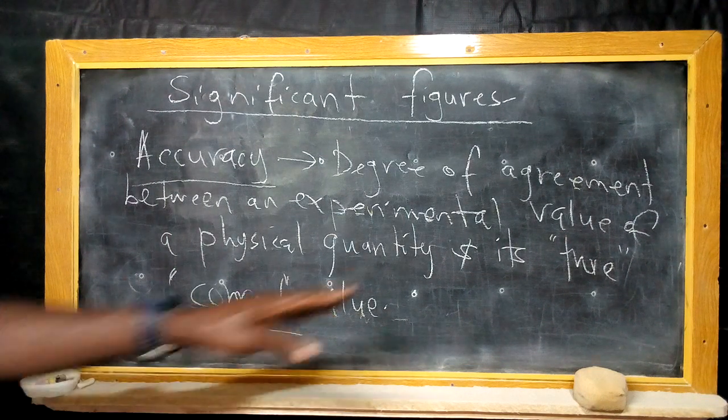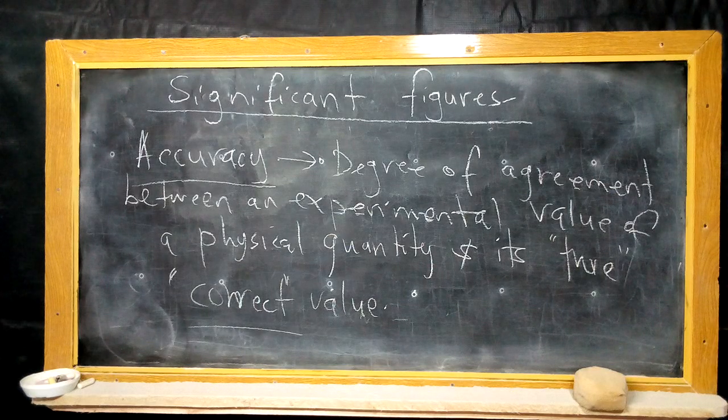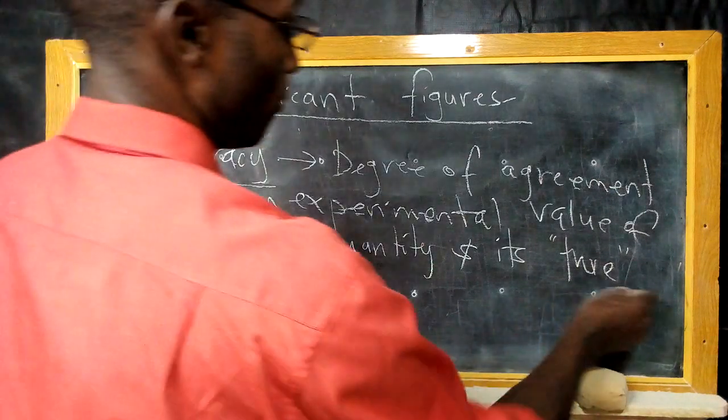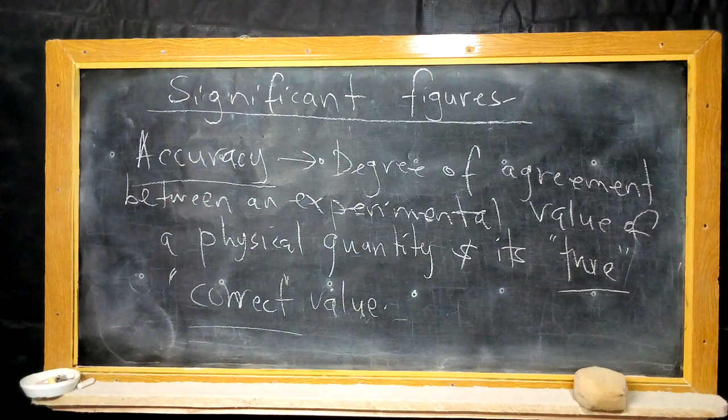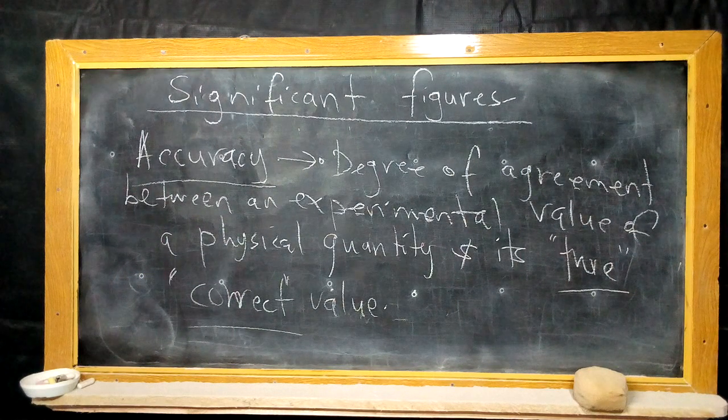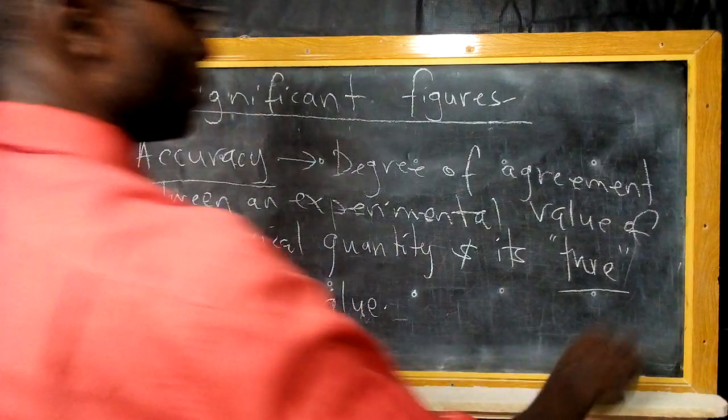I have deliberately put this in quotes because it's difficult to get an absolute value from measurements. So accuracy is the degree of agreement between the experimental value and the expected true value. We are going to look at that in detail; I'm just giving this definition and its relevance to significant figures. Then we are going to look at another concept known as precision.